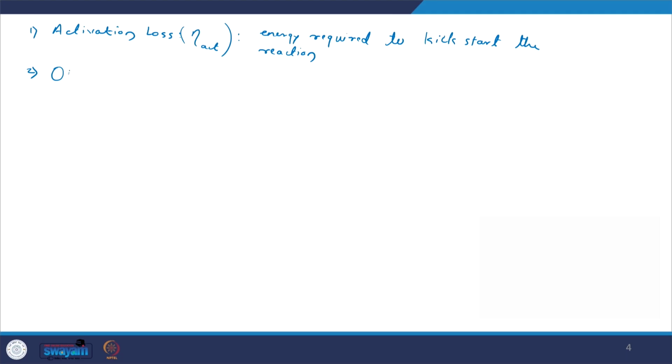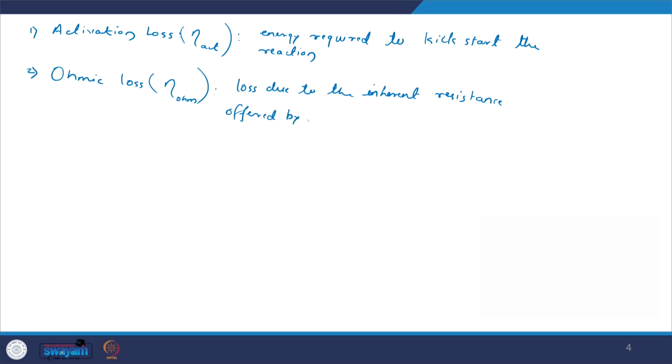Second is your ohmic loss, denoted by eta ohmic. This is basically the loss due to the inherent resistance offered by different materials.